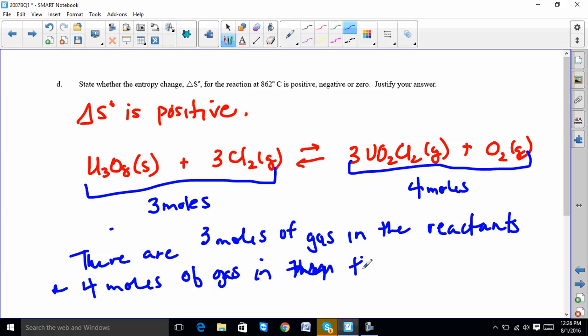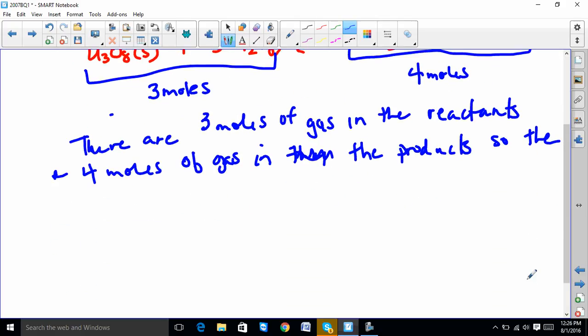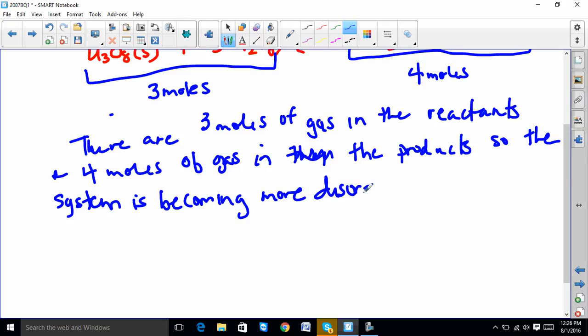So the system is becoming more disordered. Entropy is a measure of disorder. So if it's getting more disordered, delta S would be positive. So the system is becoming more disordered, and that's your justification.